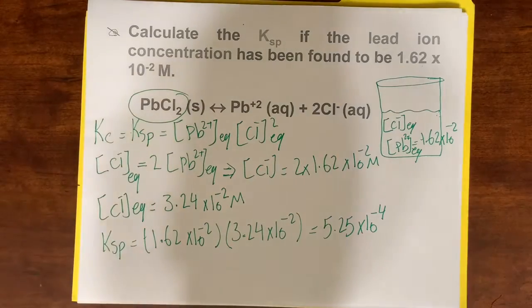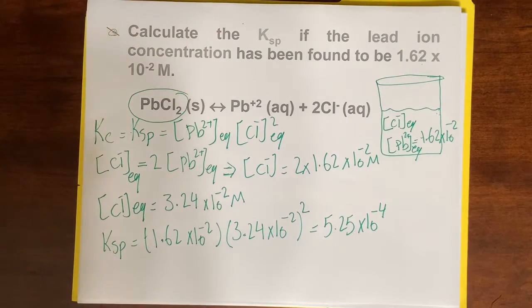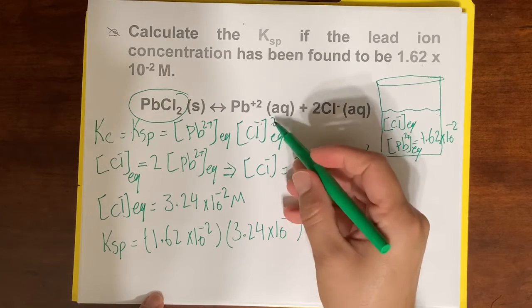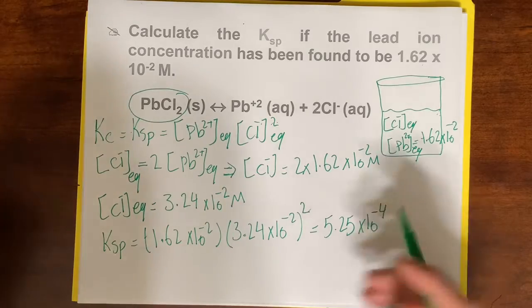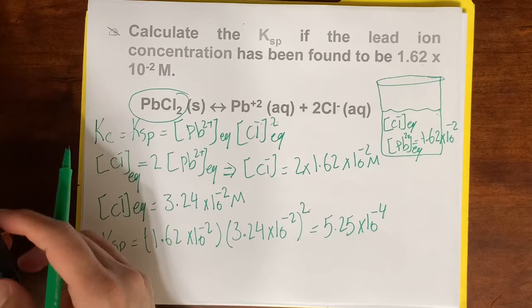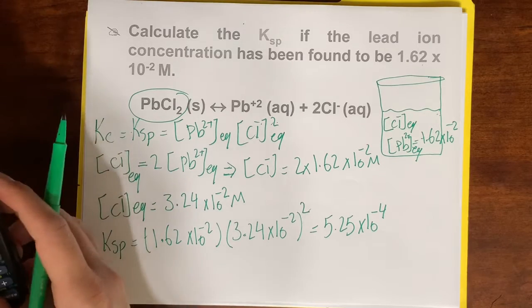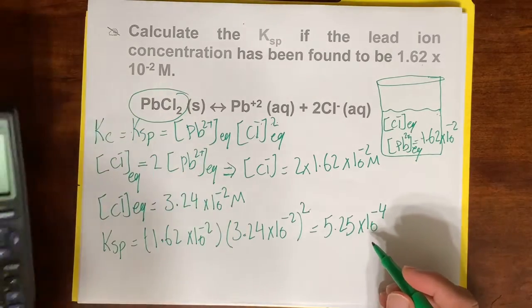I forgot something. Sorry about it, guys. I forgot that we have a 2 there. Because it says chloride to the second, I did not apply this, so sorry about this. This is not going to be correct. So it's going to be this number to the second multiplied by 1.62, and that's going to be 1.70.